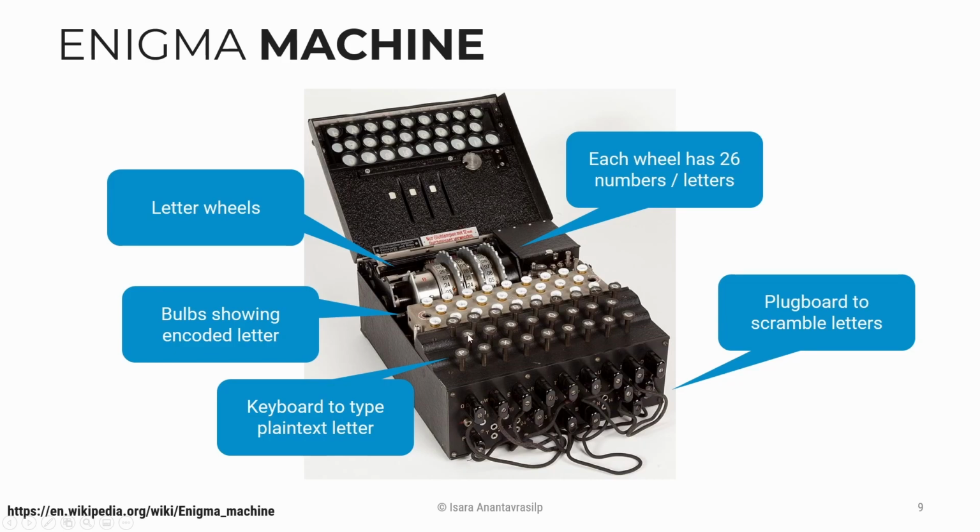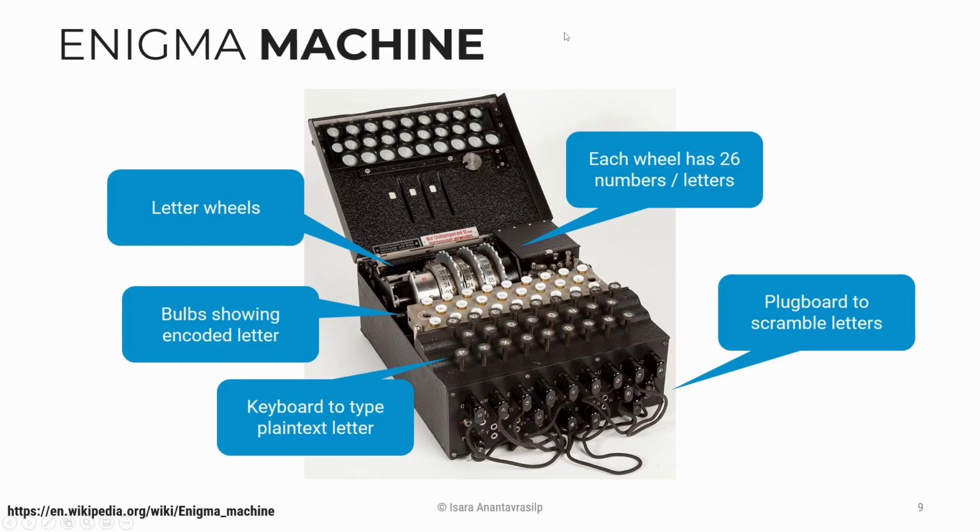For example, you type A, and the machine shows O, and you type B, the machine shows Y. When you type C, the machine might show E, and you just send these encoded characters through radio channels. The receiver has a similar machine, types the letters back into the machine, and the correct character will light up in the bulbs.